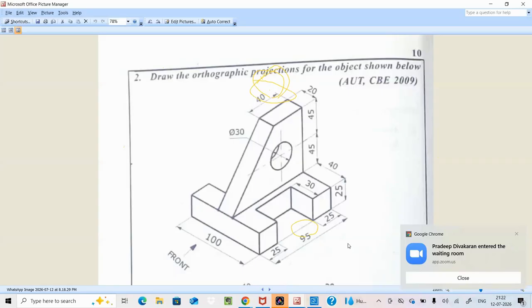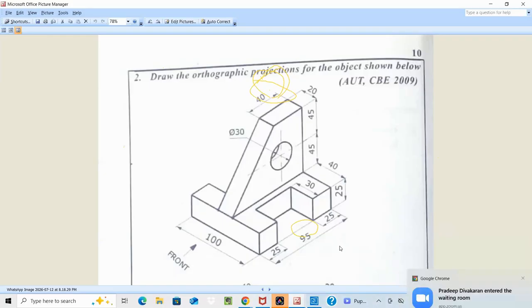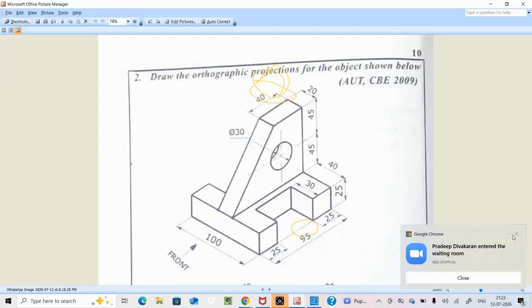So the right side view will be drawn on the left hand side of the drawing. The front view will be below the top view, and the right side view will be on the left hand side. That is the only difference, because we get confused between the front view, top view and the side view. In this drawing, the maximum portion shown is in the right side view, so that right side will be drawn on the left hand side.